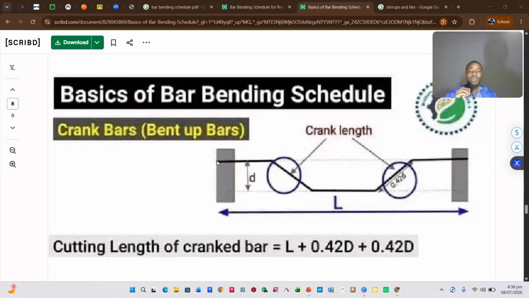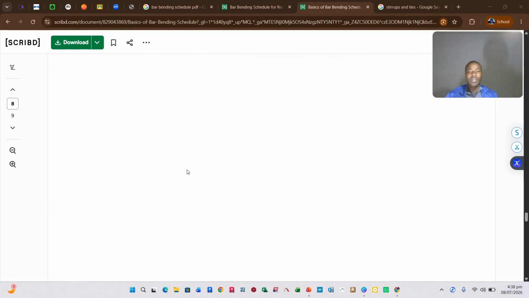The distance from this end up to where the bending of our crank length begins is given by L, this total distance, divided by 4. From this particular point to this point, it's L divided by 4. This distance from where the bending ends to where the bending ends here is given by L over 2. So you have this distance, L over 4, plus crank length, plus L over 2, plus crank length, plus L over 4 to give us the total cutting length.